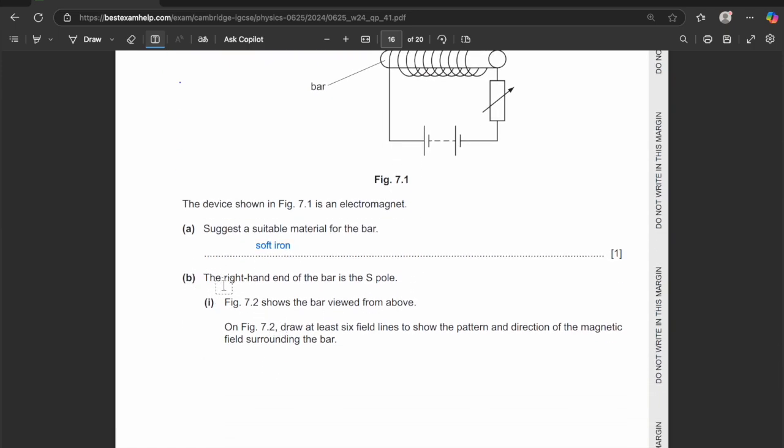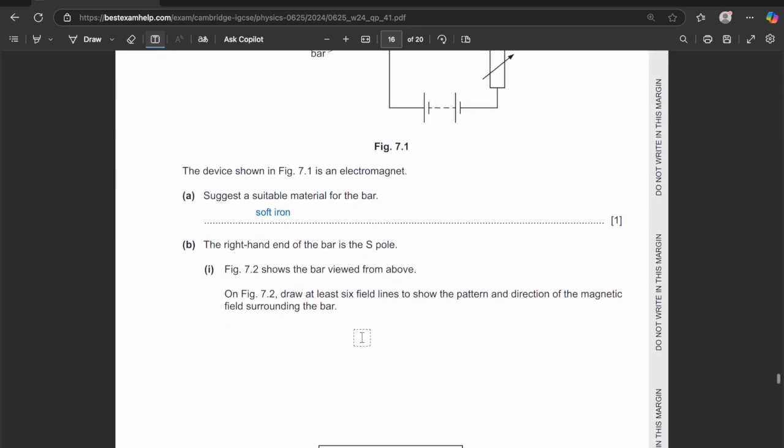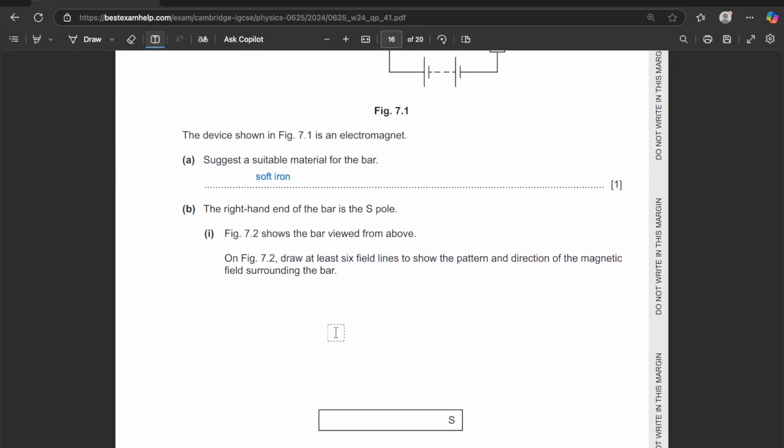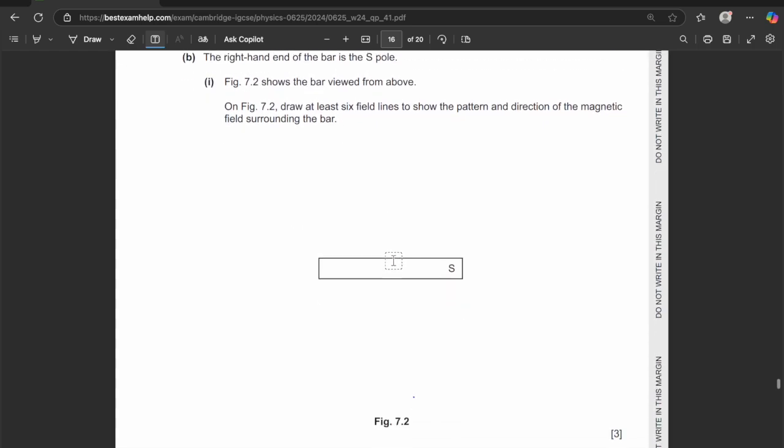B. The right-handed end of the bar is a south pole. Figure 7.2 shows the bar viewed from above. On figure 7.2, draw at least 6 field lines to show the pattern and the direction of the magnetic field surrounding the bar. So we can note this is the north pole. We don't have to write it, but this is just showing. So 6 field lines.